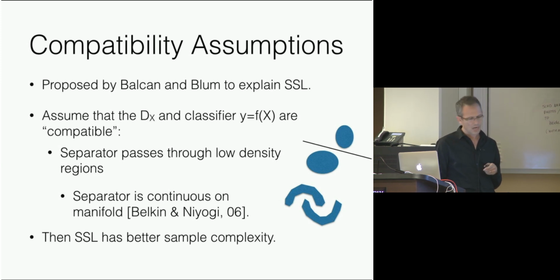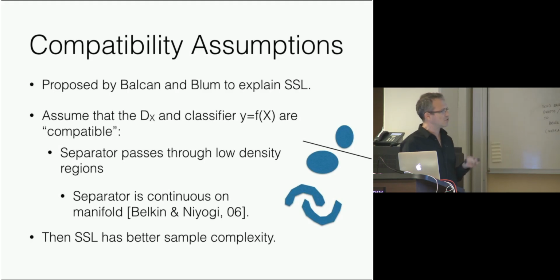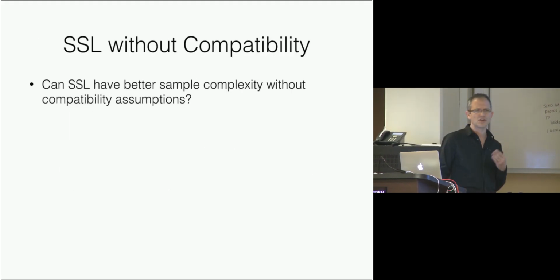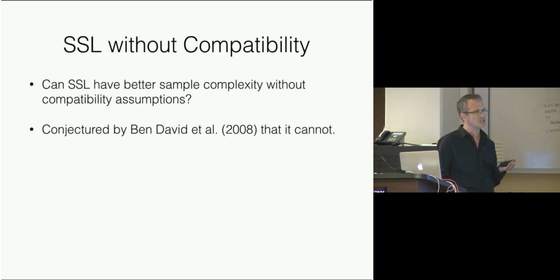What we wanted to ask was whether you can show this gap without any compatibility assumptions, and specifically for the manifold case. It's not at all clear that there is a gap when you don't assume compatibility, and it was conjectured by Shai Ben-David at the time that SSL is not better than supervised learning when there is no compatibility.